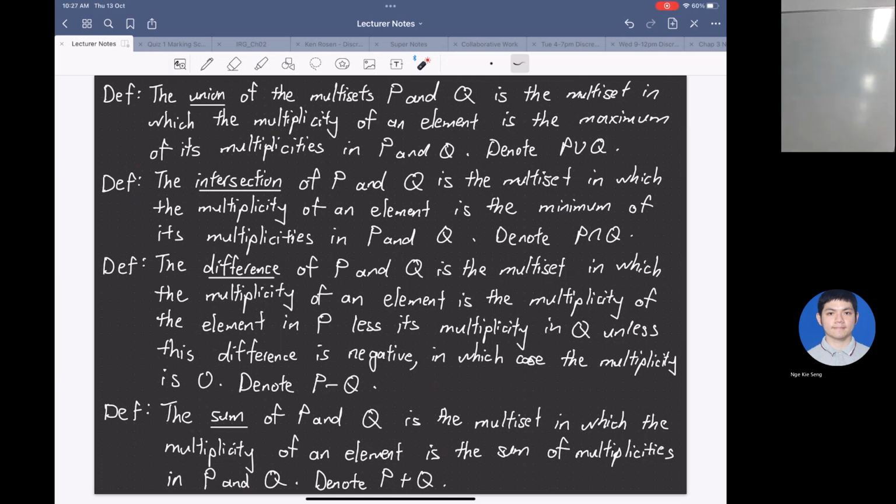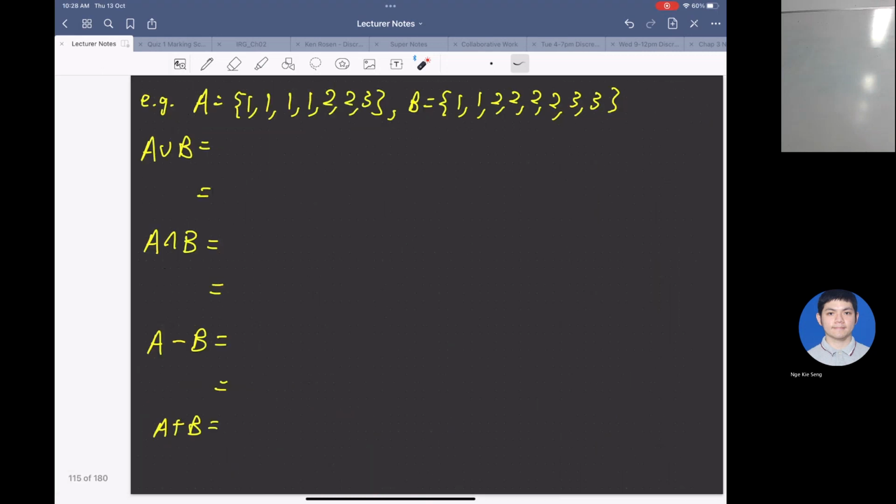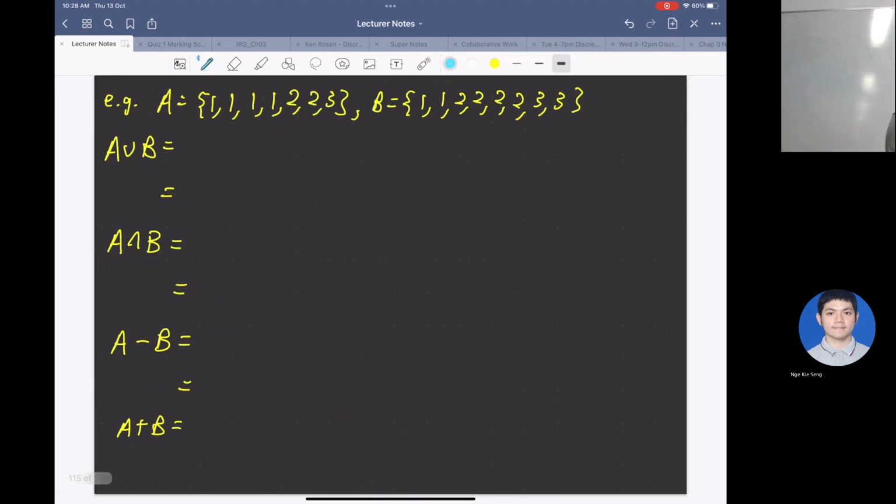And the sum is the extra thing for the multiset. The sum is the sum of the multiplicities of the elements appearing in P and Q. This is the naive union you might take at first. Okay, let's do some example to see what's going on here.